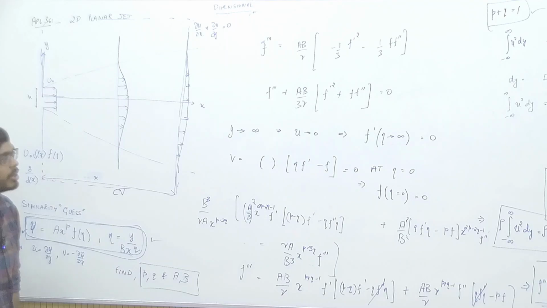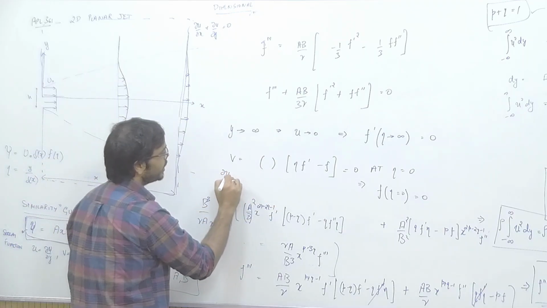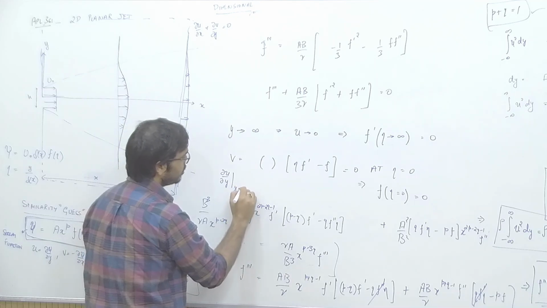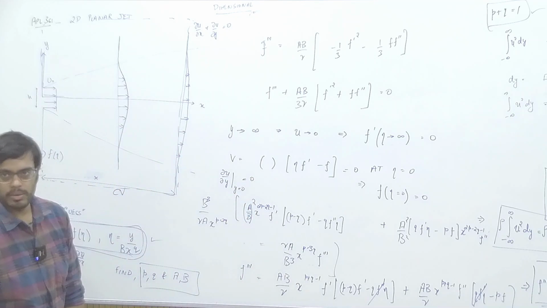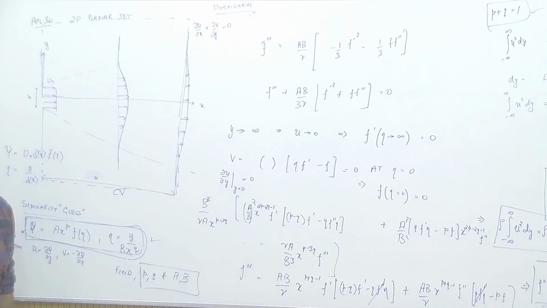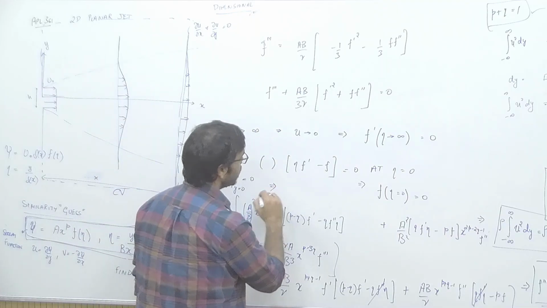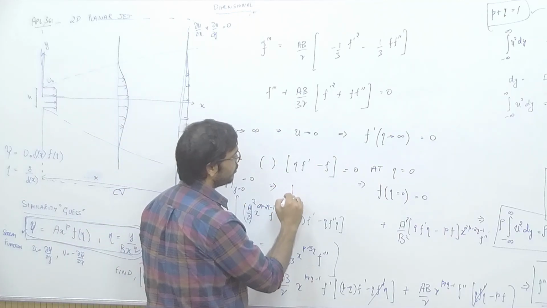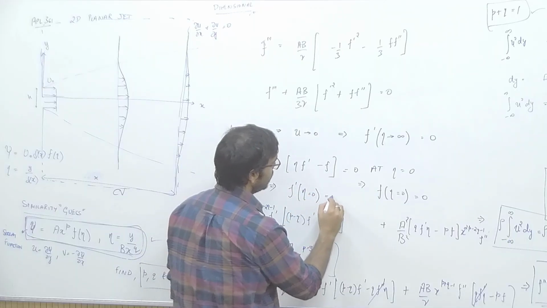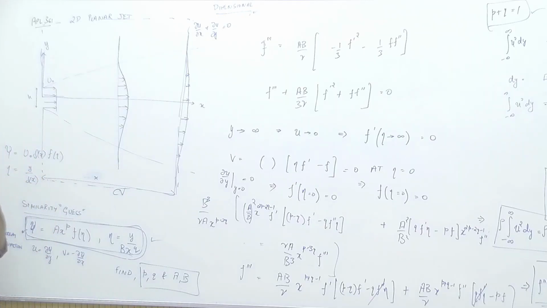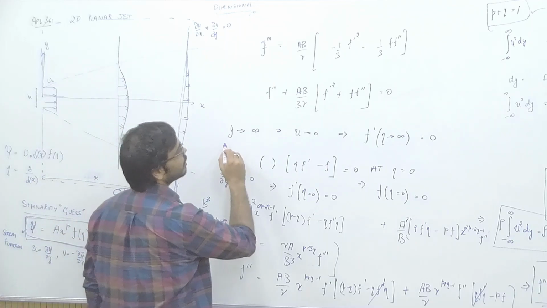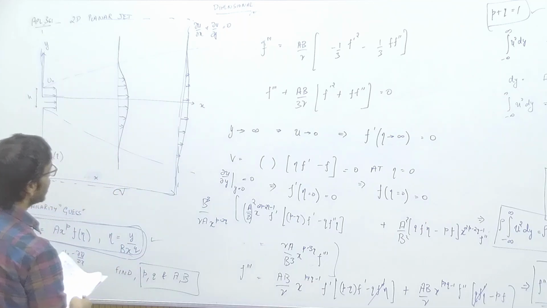And since you have used symmetry, the other condition of symmetry is del u by del y has to be 0 at y equal to 0 because this is symmetric. So from here you will get that F prime eta equals 0 is 0. You can do that, and that's exactly what, hold on, del u by del y was what?